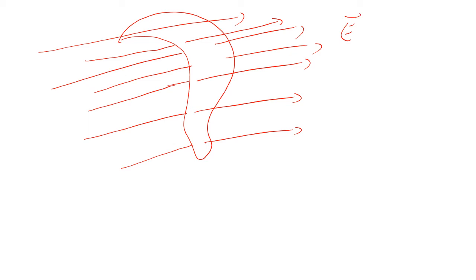The problem is that if the shape is irregular, then the cosine of the angle is different at each little piece of the shape.